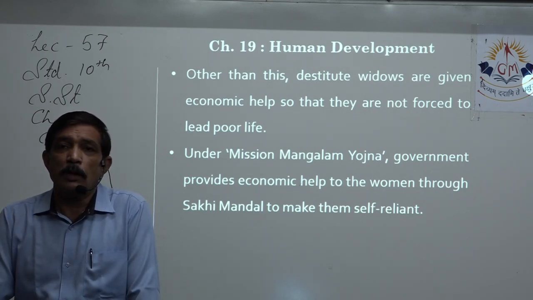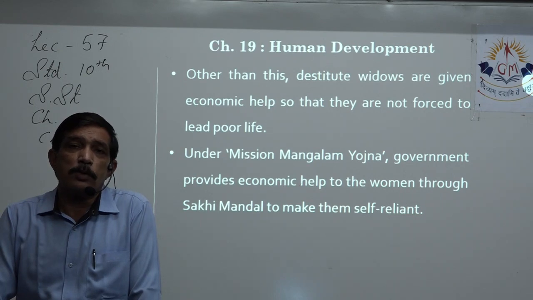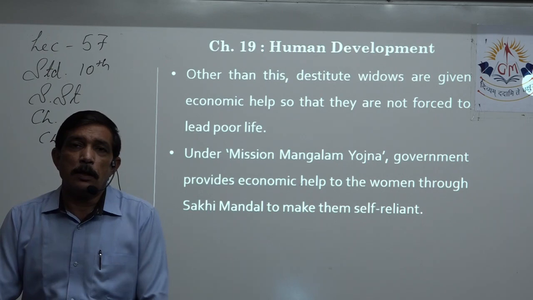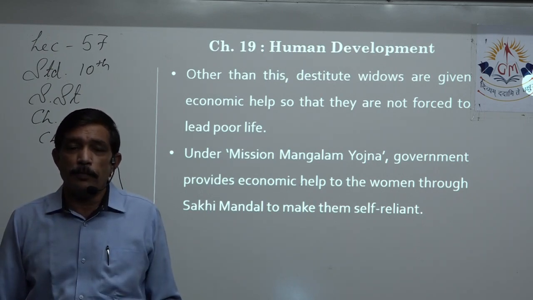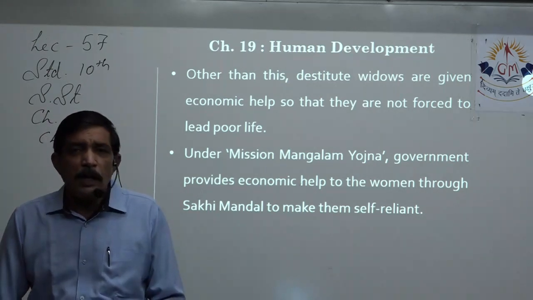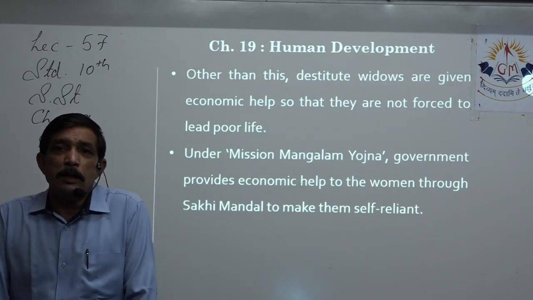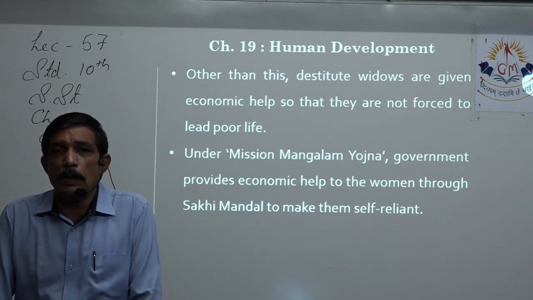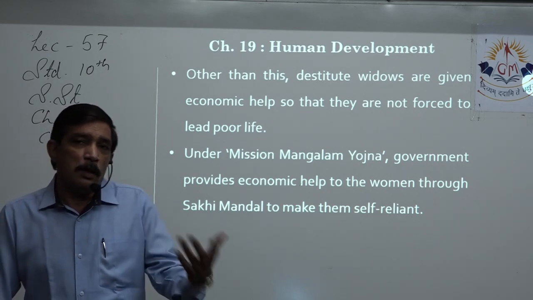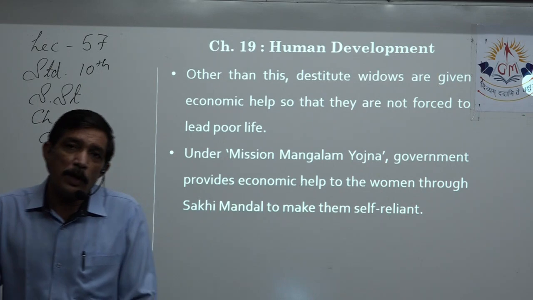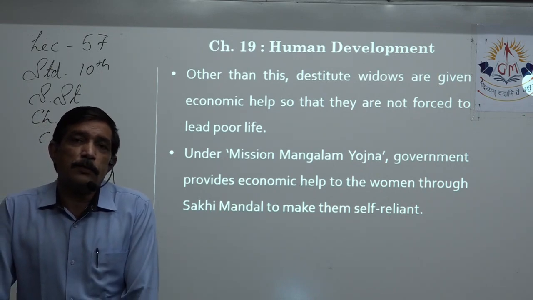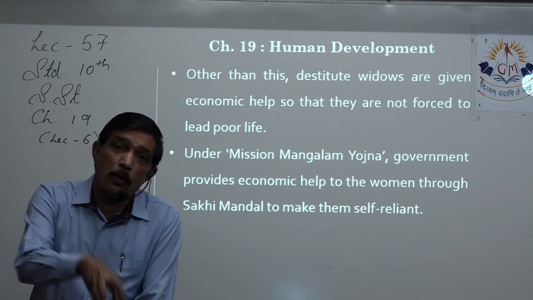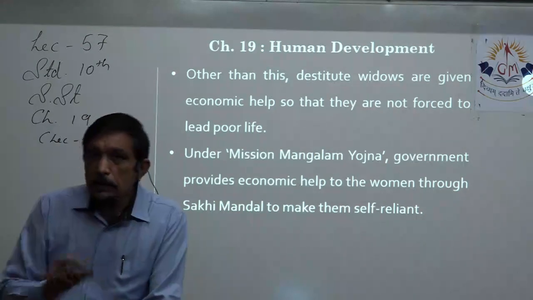People of the government approach a village and try to make a small group of women. They are all housewives and are not able to save that much per month, right? So whatever they can collect, they make a group, say a group of 50 women, so even if they collect 50 rupees per month, they can save and collect and make their own bank over there. That is that Sakhi Mandal.